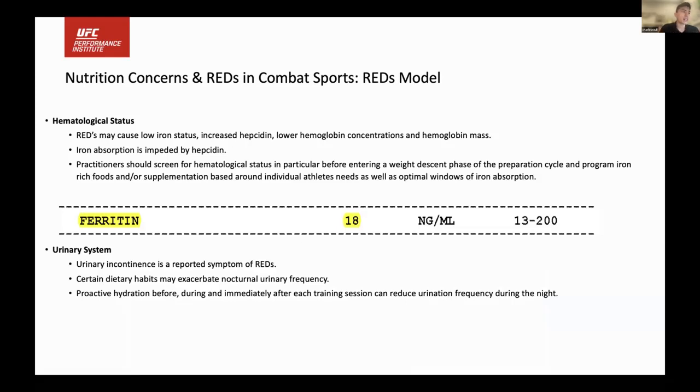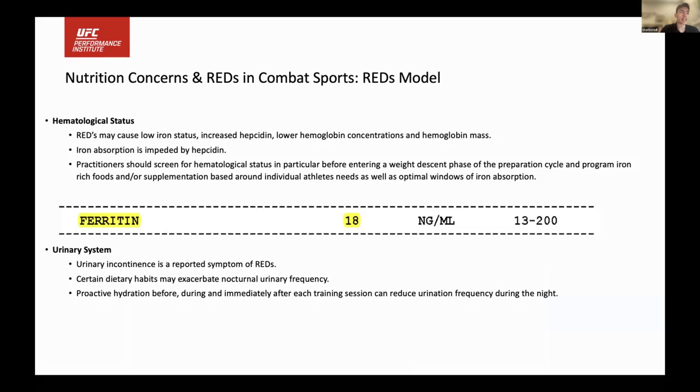RED-S hematological profiles can also include low iron status and increased hepcidin, which lowers iron absorption, lower hemoglobin concentrations, and hemoglobin mass. Iron absorption is impaired by hepcidin, which is released in response to inflammation, such as exercise-induced inflammation.